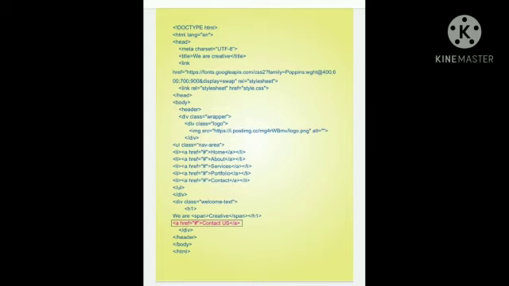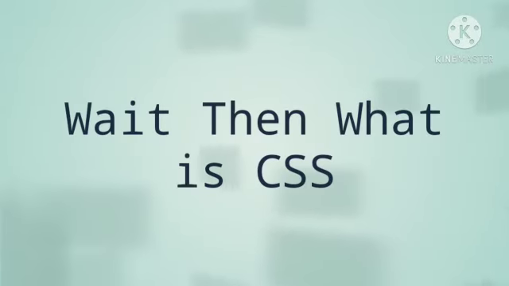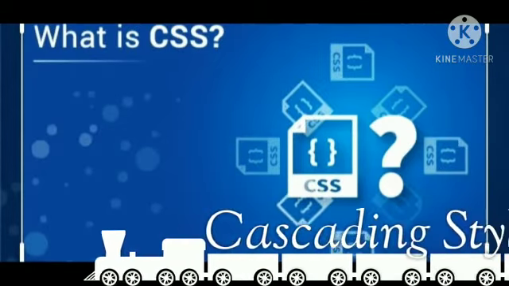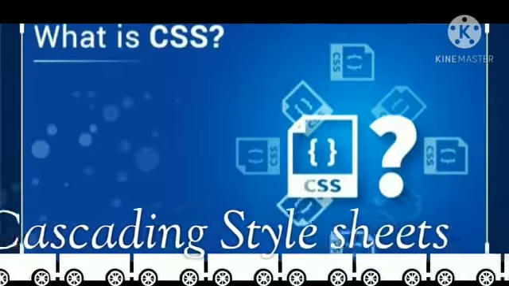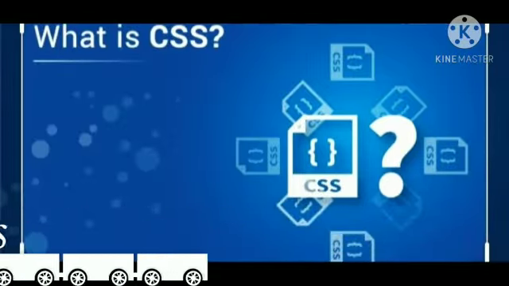Wait. Now you may have a small doubt: what is the use of CSS? Let me explain it. CSS stands for Cascading Style Sheets. It is a style sheet language which is used to describe the presentation of a document which is written in a markup language like HTML.